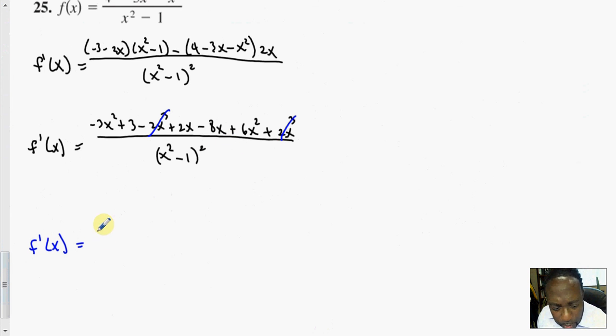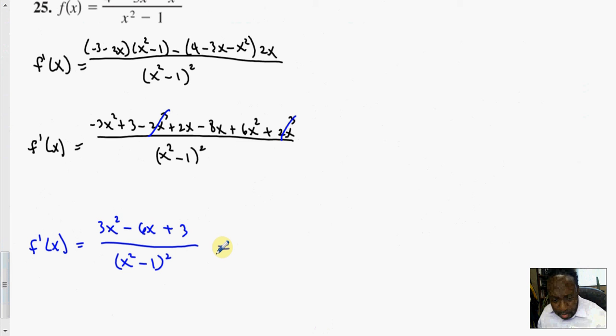So that is 3x squared, and minus here the 6x, the 2x minus 8x, and then plus 3. That's all over x squared minus 1 to be squared.